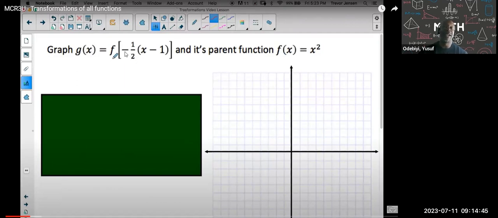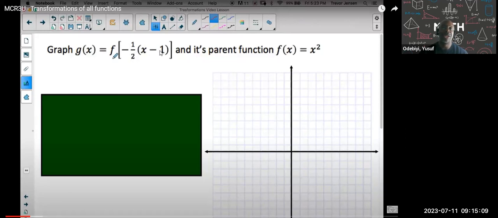First of all, that negative right before the x means it's going to be horizontally reflected. And the half means it's going to shrink by a factor of a half on the x-axis.